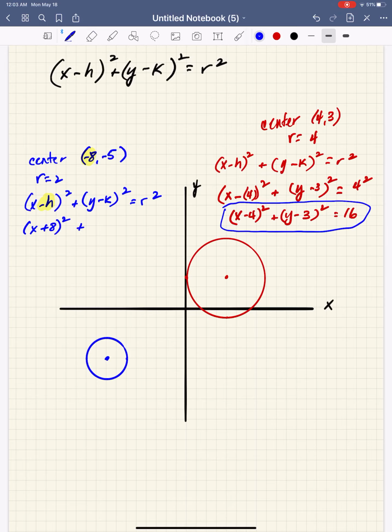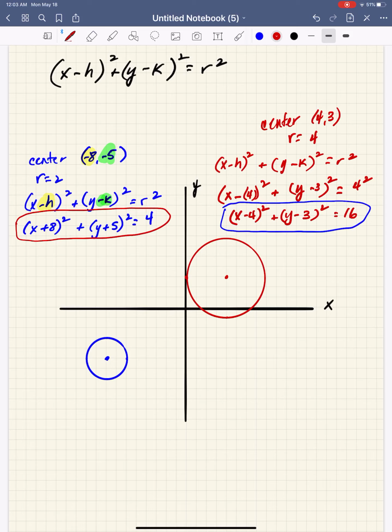Plus, same thing with the y value. If I'm going to minus k, and I'm going to minus a negative 5, it's really like adding 5. And that radius squared, the radius here is 2, so it's going to be 4. And that is your answer.